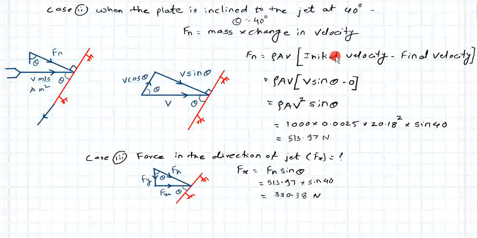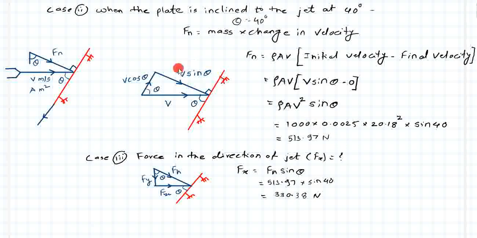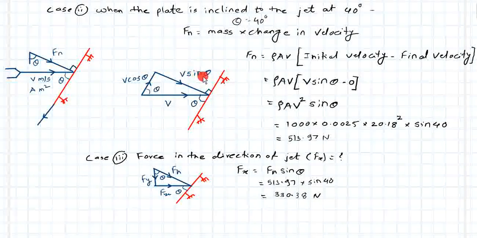So initial velocity is the velocity before striking the jet. As we are calculating the normal force, we consider the velocity component in the normal direction. After seeing the triangle diagram, we see that v sin theta is the component of velocity which acts in the normal direction.